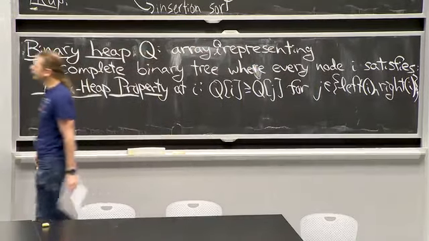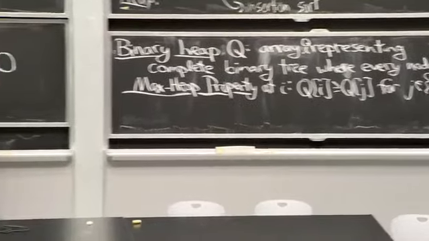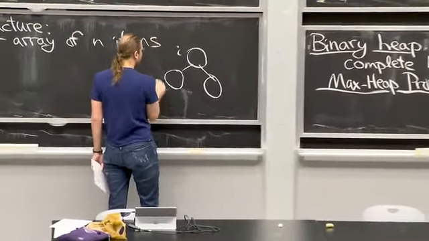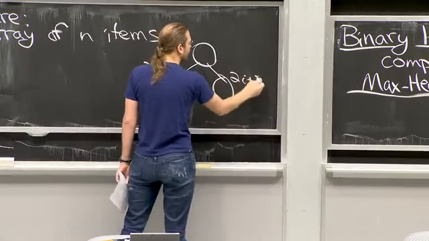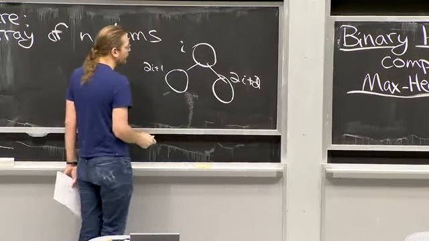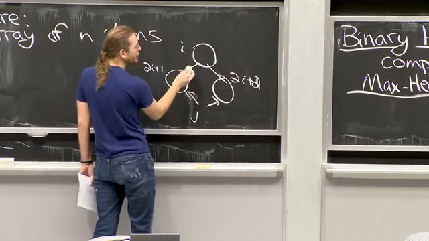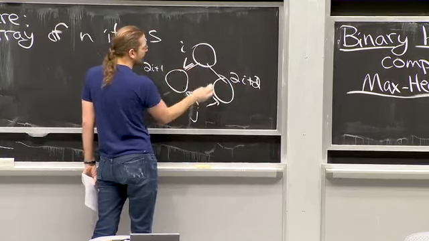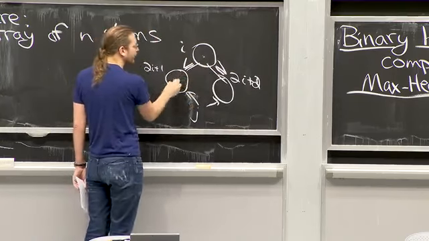Okay, so we have a node i, and it has two children, 2i plus 1 and 2i plus 2. These are our two values of j. What we want is a greater than or equal to relation here and here. Okay, so this node should be bigger than both this one and this one.